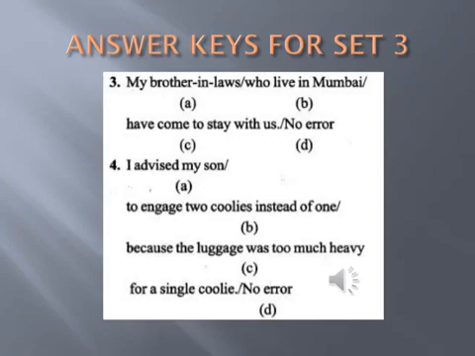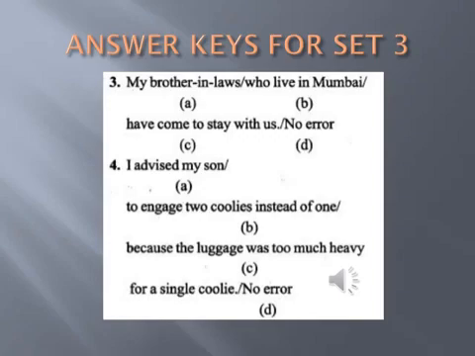Its plural form will be brothers-in-law, sons-in-law. Whatever is the root word, you have to find that out. And what is the root word there? Brother is the root word. So therefore the form will be brothers-in-law, sons-in-law, daughters-in-law, commanders-in-chief. So therefore the error is in A.